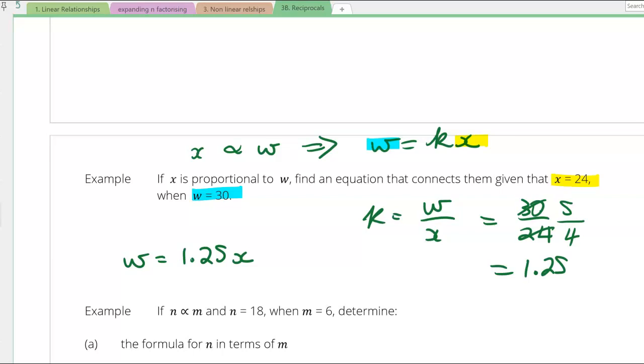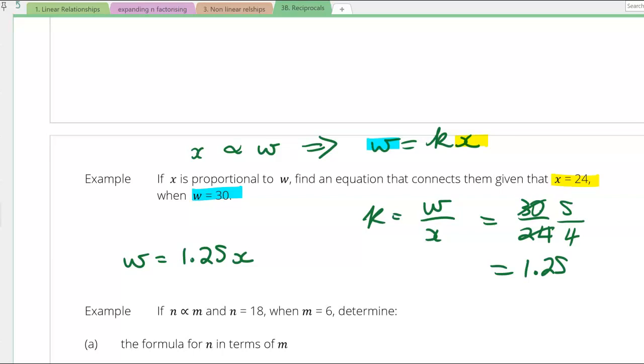There is a directly proportional relationship between them. Actually, that depends, I'll take that back. It does depend on the numbers and on what two variables you're connecting. But in this case, we are connecting w and x by that constant 1.25.